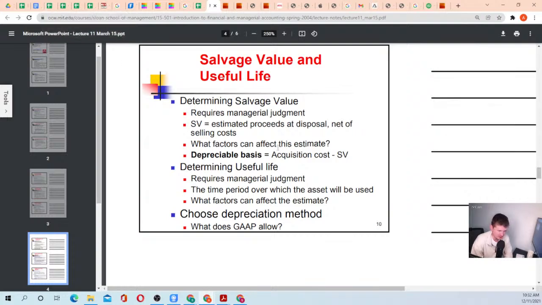So your depreciation calculation will be acquisition cost less salvage value divided by your useful life, or your other pattern of depreciation. So you will depreciate only the depreciable basis, not the acquisition cost. And depreciation basis is acquisition cost less salvage value.